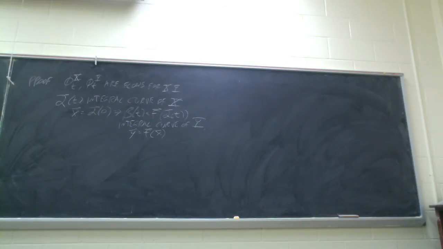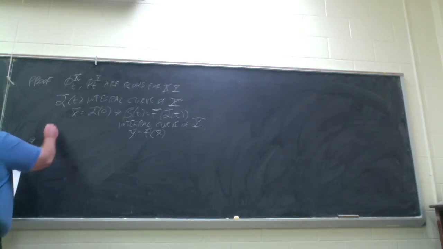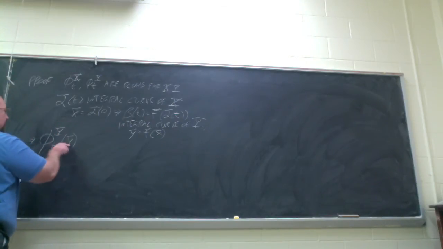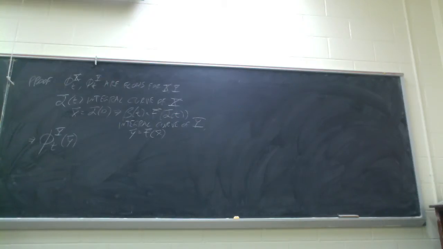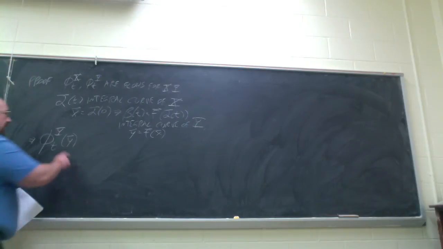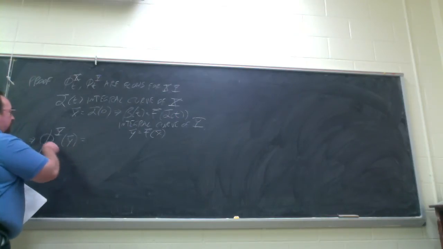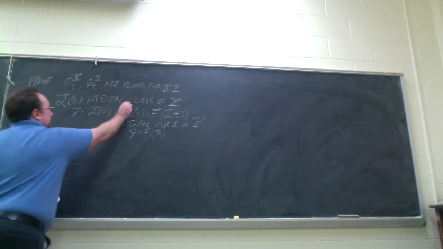Now what I want to do is define what the flow of y is in terms of the flow of x. So what is the flow of y? Plugging in little y, which is basically serving as the initial data for this integral curve of y, the value of the integral curve at t is beta of t.